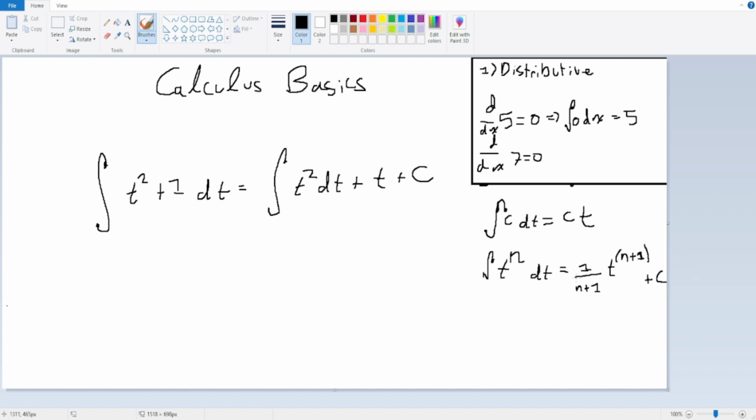Now let's think about this for a second. What is the derivative of 1 over n plus 1 times t to the power of n plus 1 plus c?